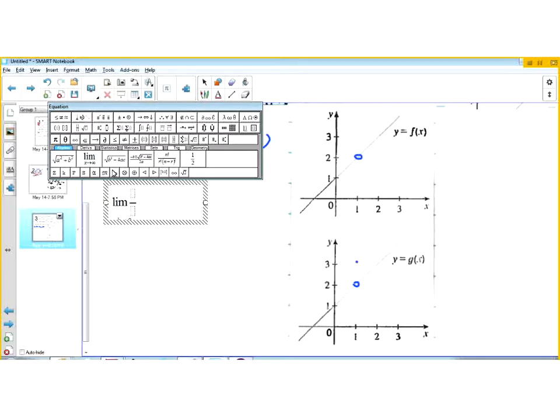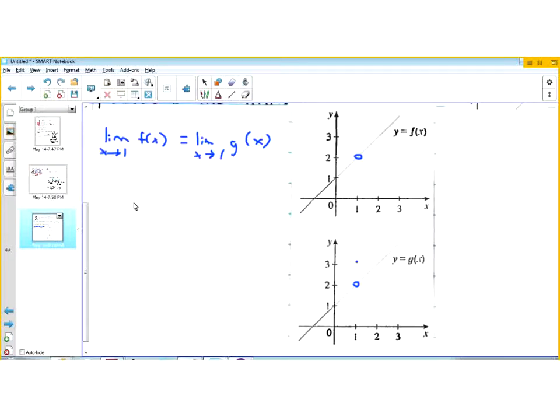Let me type in the function. So we'll say 3 plus h squared minus 3 divided by h.